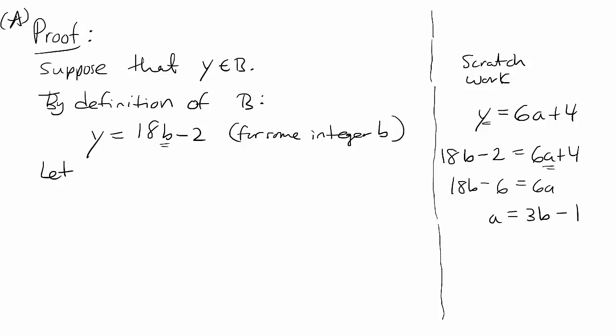Then you go back to your proof on the left, and we're going to let a be equal to 3b minus 1. So b is some integer, and a is also going to be an integer of the form 3b minus 1. I'm going to say then a is an integer, and this is because b is an integer and the sum and product of integers is itself an integer.